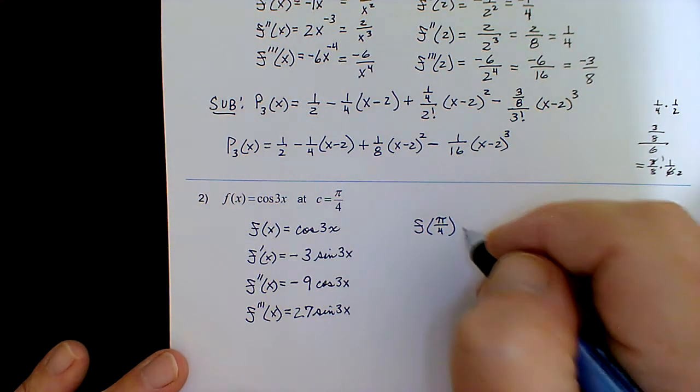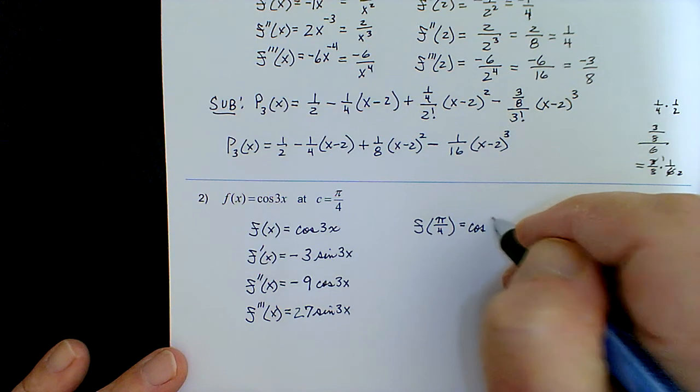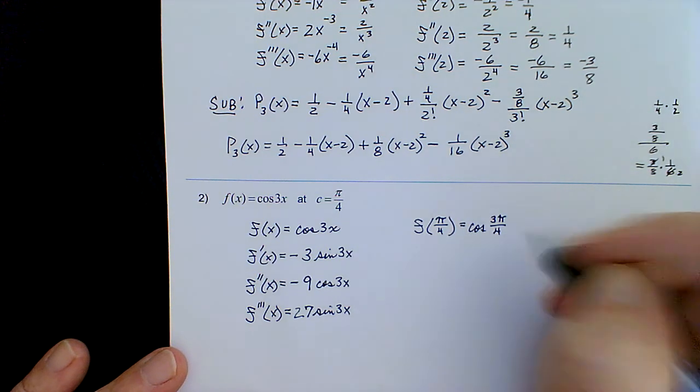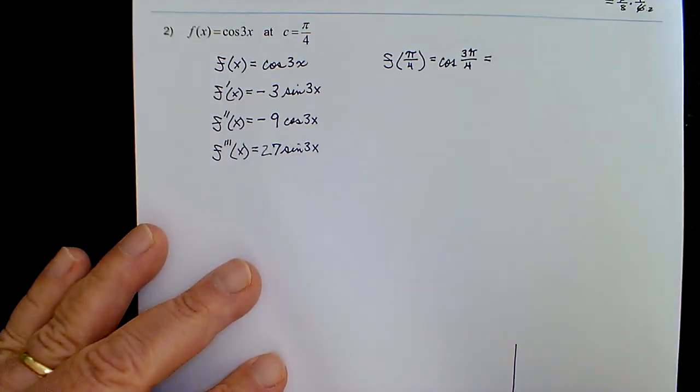Alright, so now evaluate each of these at pi over 4. So this would be the cosine of 3 times pi over 4, or 3 pi over 4. And then you'd probably want to convert, let me go off to the side here.